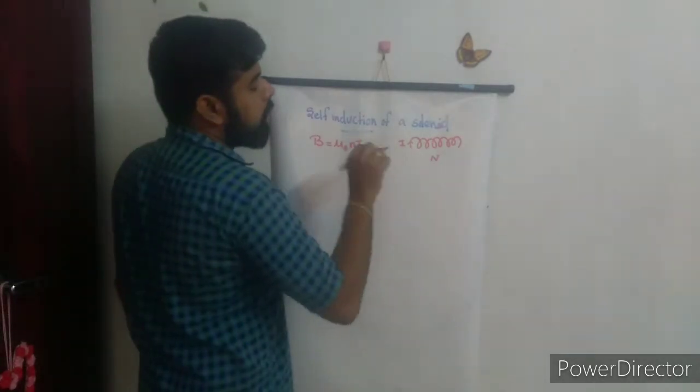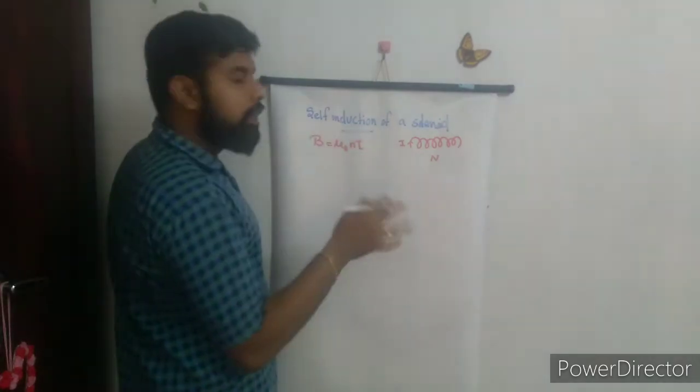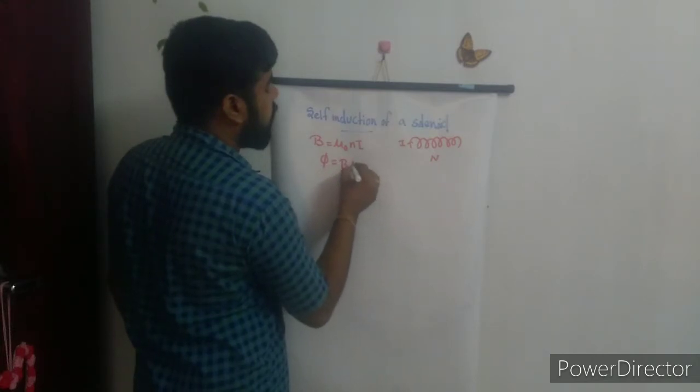When current flows through this solenoid, there will be a flux change. Flux is equal to BA.